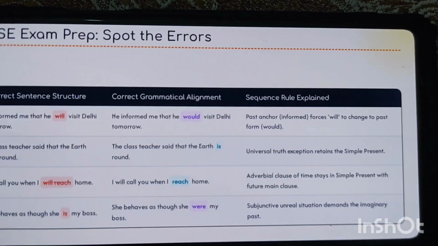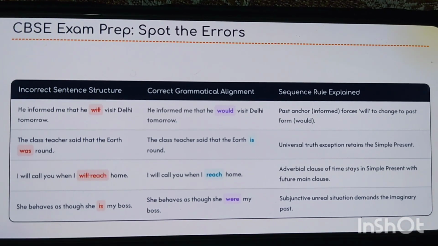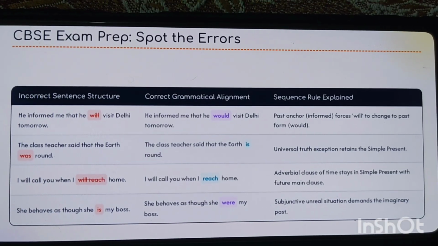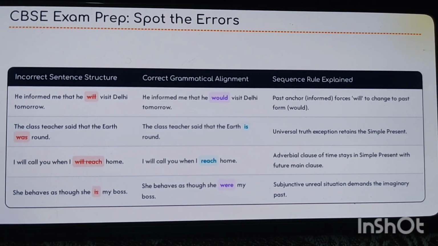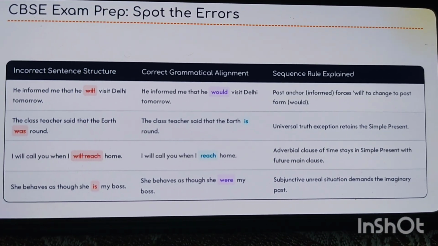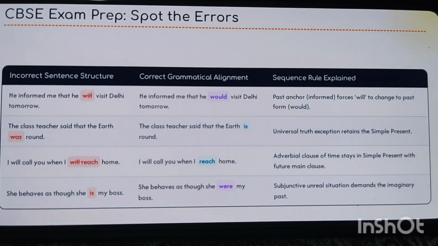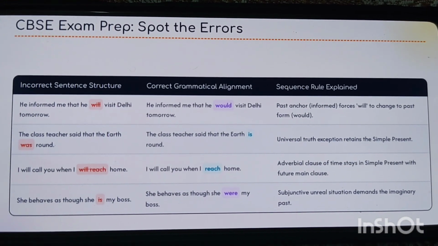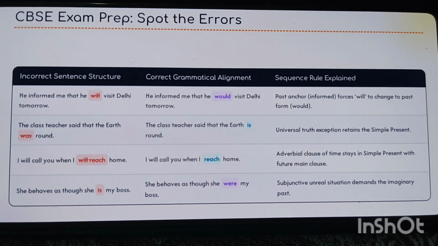Now let's spot some errors where students often make mistakes. So, for example, he informed me that he will visit Delhi tomorrow. Can you say if it's a correct or an incorrect sentence? Students, this is an incorrect sentence. So what will be the correct sentence?